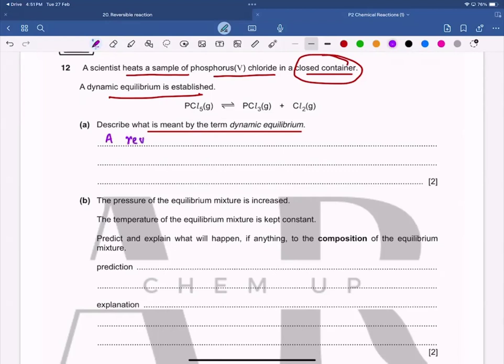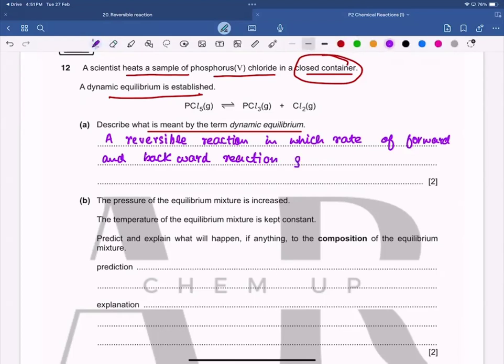So you can write: a reversible reaction in which the rate of forward and backward reaction gets equal or the same, then that point is called dynamic equilibrium.